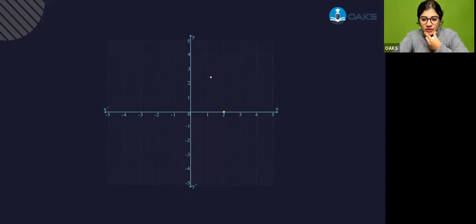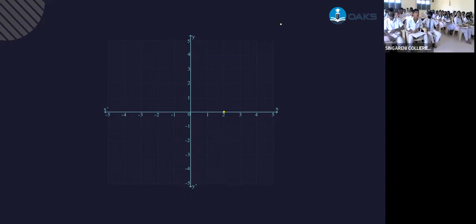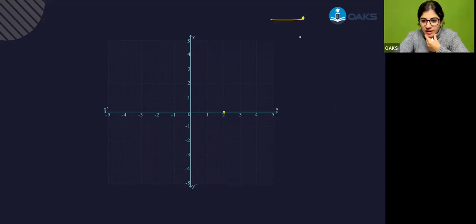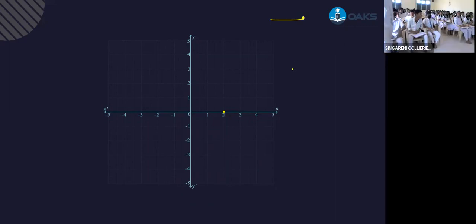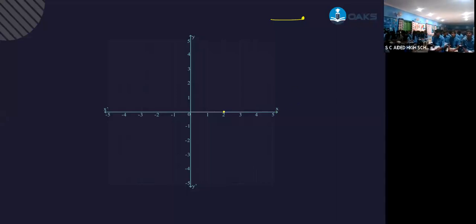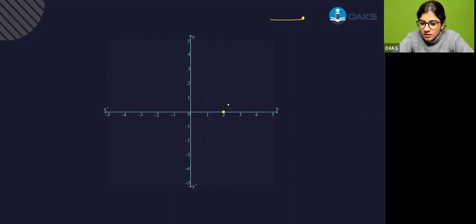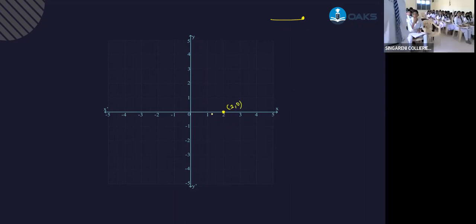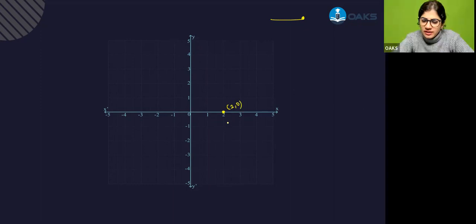Okay, so from school 1, the boy on the right corner of the first line, kindly stand up. So, if this is the point (2, 0), am I right? (2, 0) is this? Madam. So, is this first quadrant or fourth quadrant?